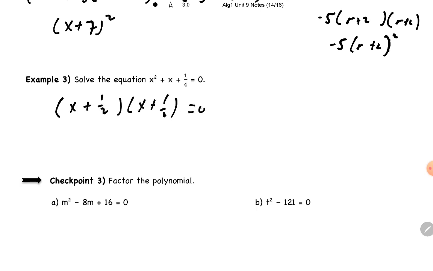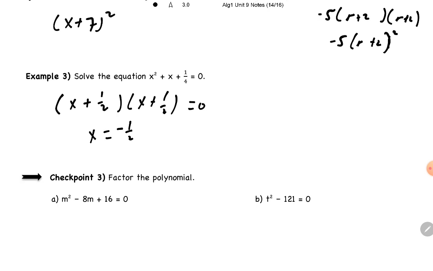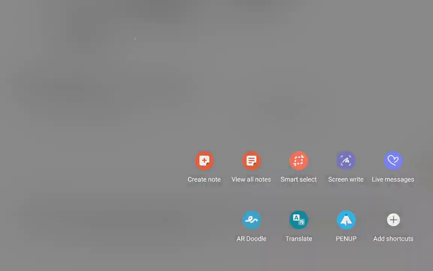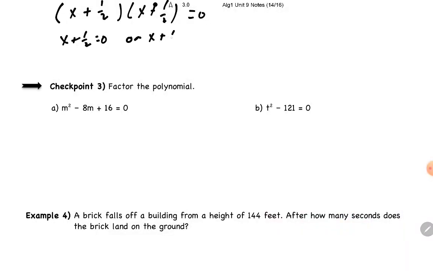This is what it factors into. Because either x plus 1/2 is equal to 0, or the same thing, x plus 1/2 equals 0. They're the same equation, so we only get one answer, x equals negative 1/2.